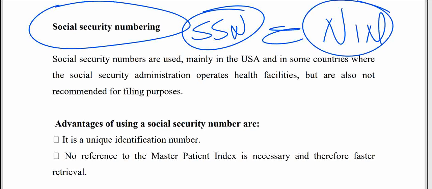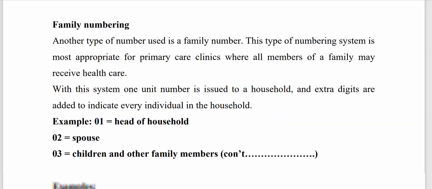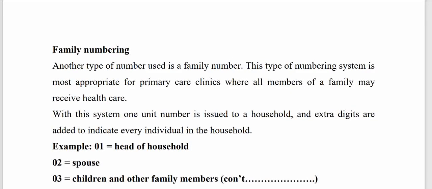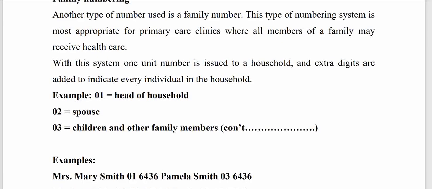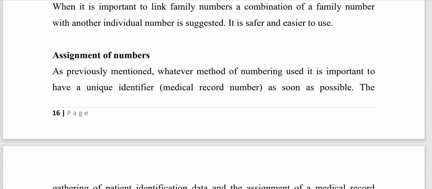So every person at least must have that in Uganda if you want to be safe, isn't it? You can check through the advantages and also the disadvantages as well.